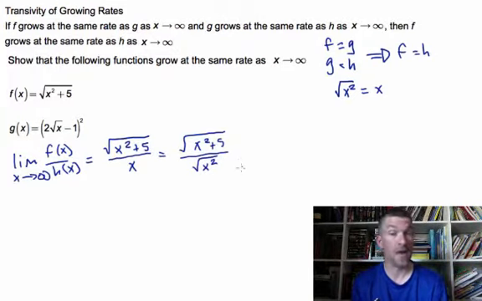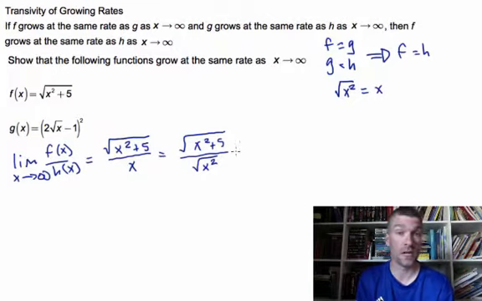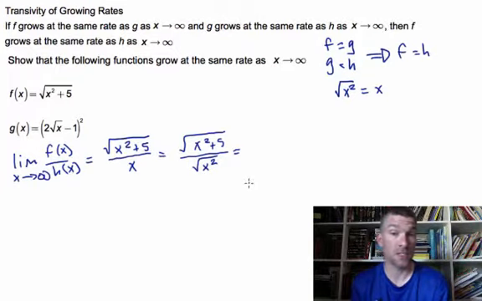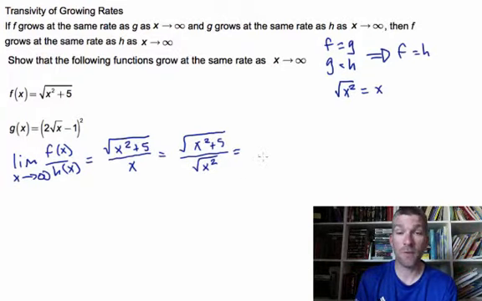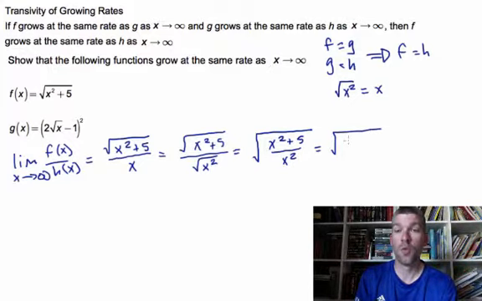The square root of x squared is just x. But since it's now under the radical, I can put them together and have x squared plus 5 over x squared, which is the same thing as the square root of 1 plus 5 over x squared.